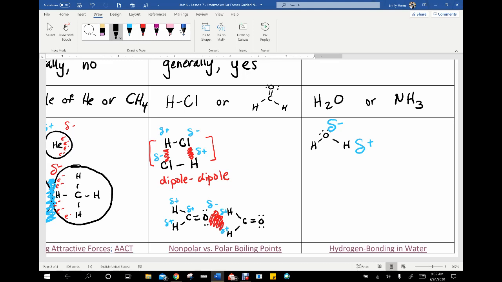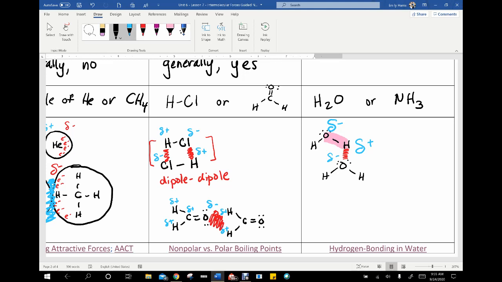And so what happens when another water molecule comes along, the lone pairs on this water molecule are going to be attracted to that large partial positive on the hydrogen of that first water molecule. So this is representing a hydrogen bond where you have an interaction between a hydrogen directly bonded to oxygen and the lone pairs of another highly electronegative atom.